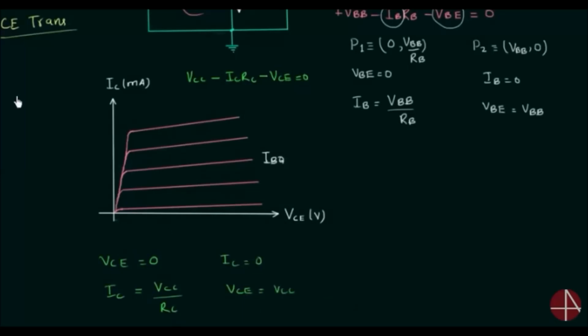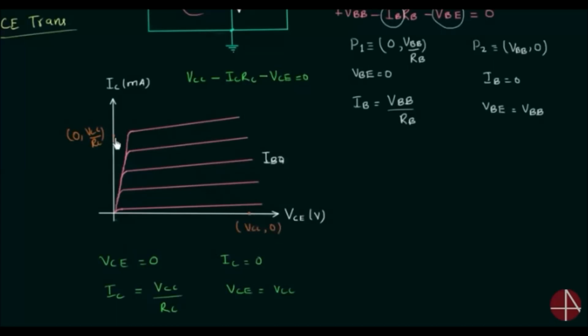Now we can easily plot the load line. This point here has coordinates 0, VCC by RC, and this point here has the coordinates VCC, 0.